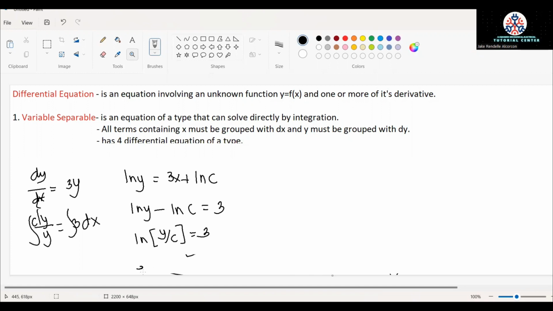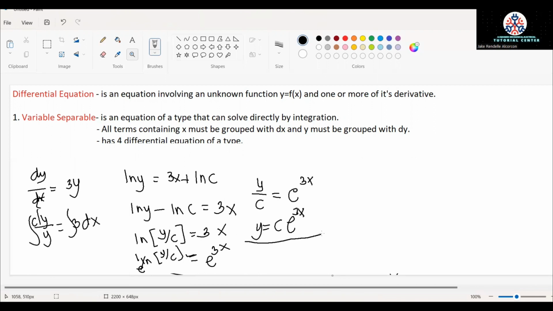Now let's raise e to both sides: e to the ln of y over c equals e to the 3x. So e to the ln is 1, and y over c is equivalent to e to the 3x. Multiplying c by e, y equals c e raised to the power of 3x.